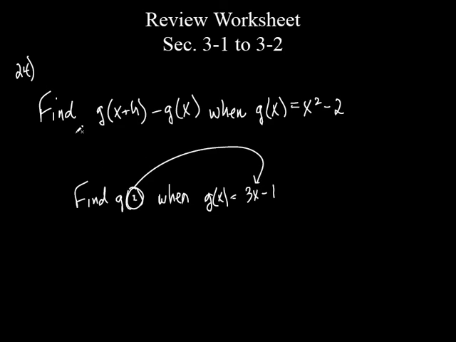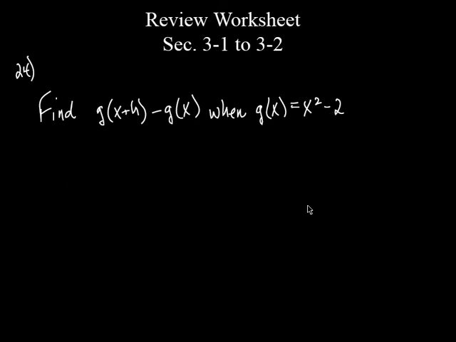So what are we going to do here? This says find this stuff when g of x is x squared minus 2, right? So that means we're going to take this stuff and do what to it? Plug it in, right?